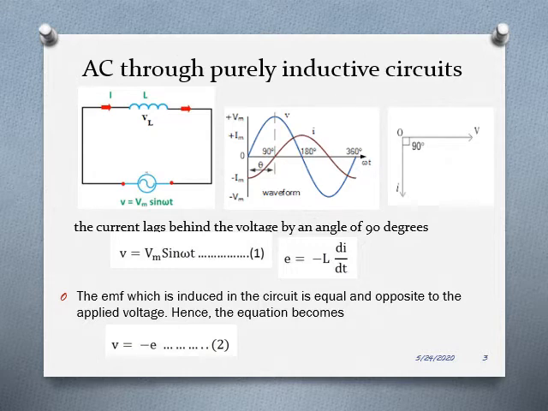Thus, the applied voltage has to overcome the self-induced EMF only at every instant. And this EMF which is induced in the circuit is equal and opposite to the applied voltage. So you may write it as v is equal to minus e.